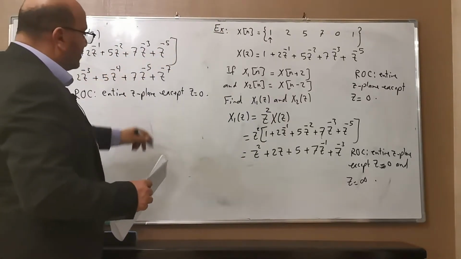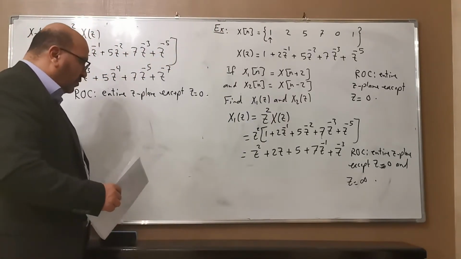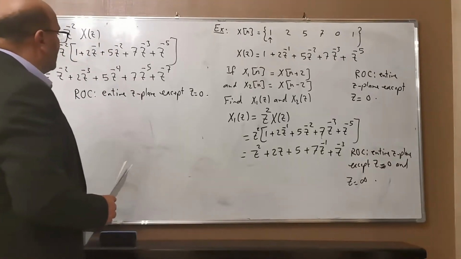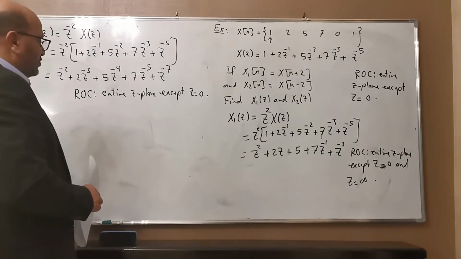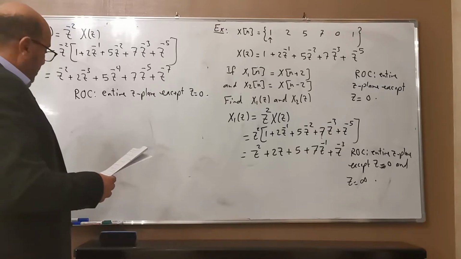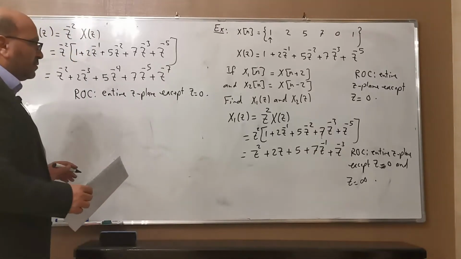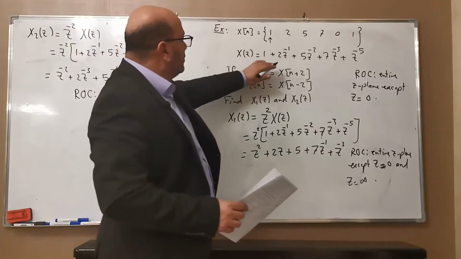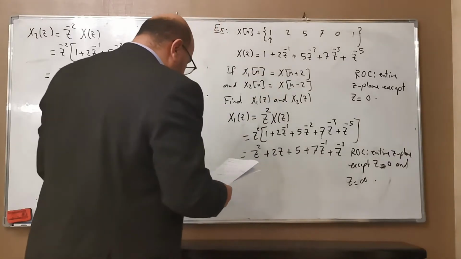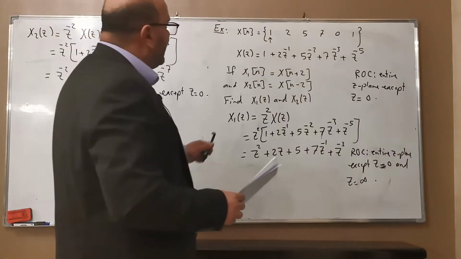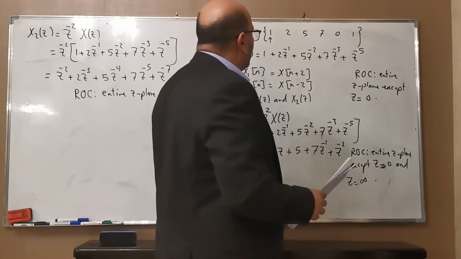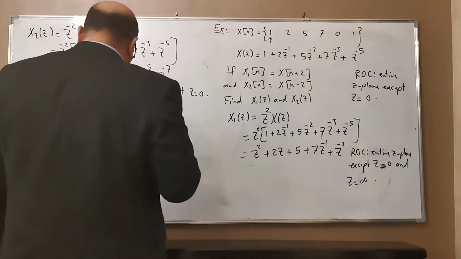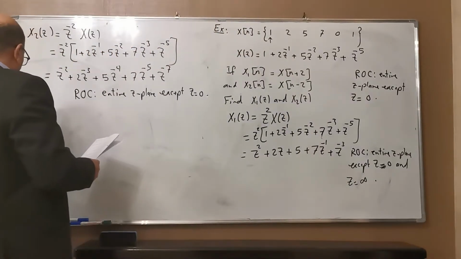All those are negative powers, so we don't have infinity within the region of convergence. Okay, so this is how we do shifting. You can do shifting also in time if you want, and do the z transform also. It works in the time domain.